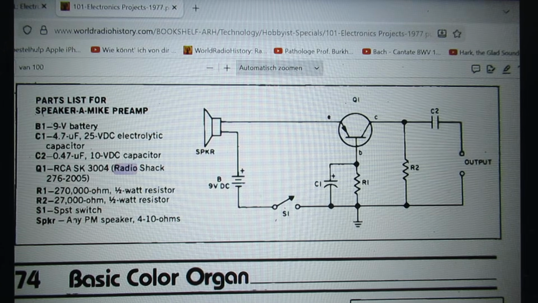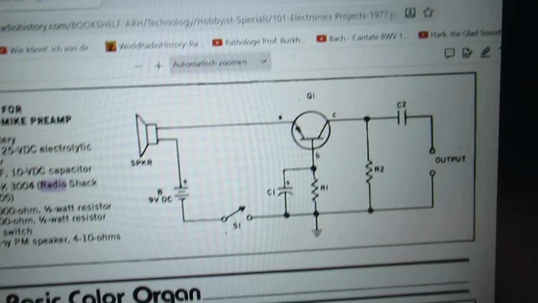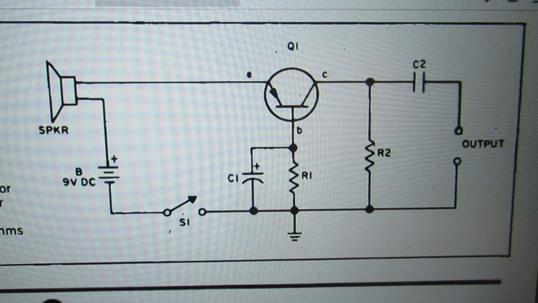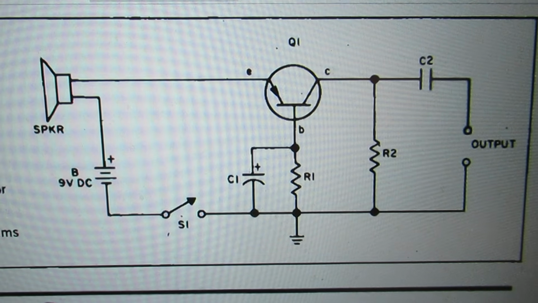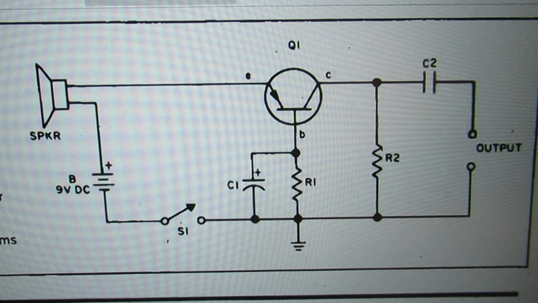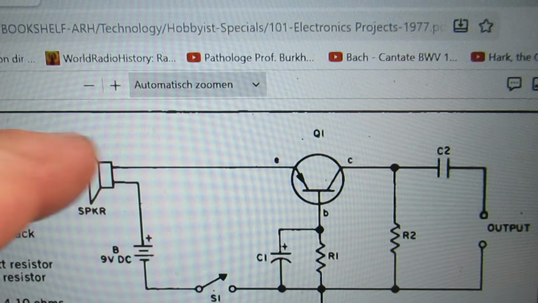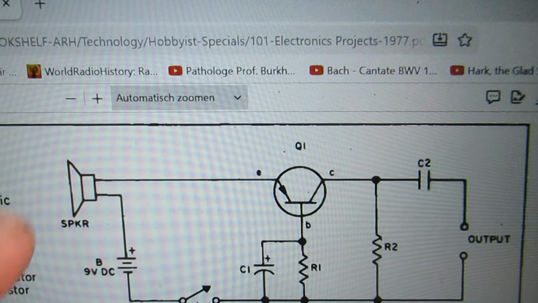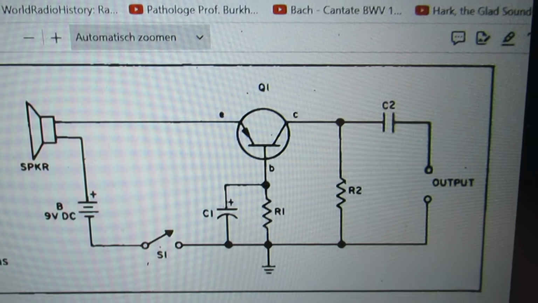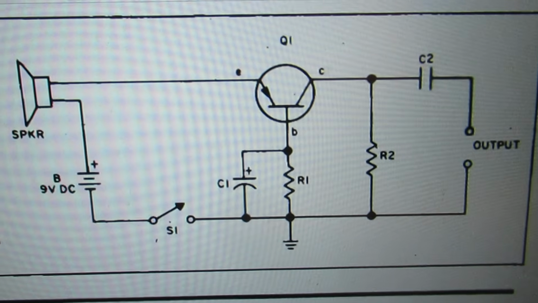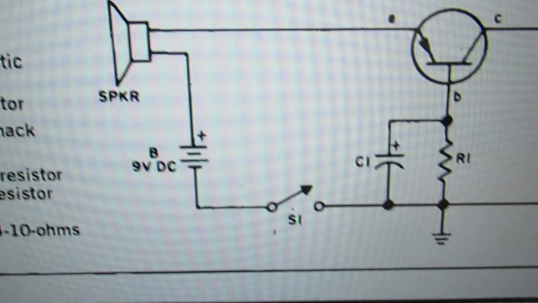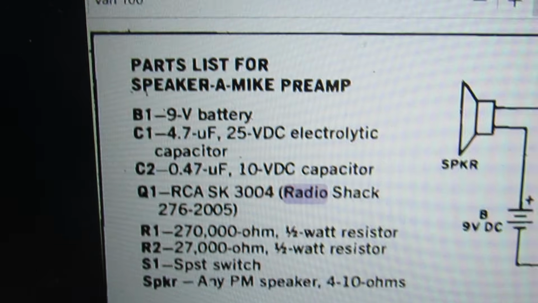Speaker and mic preamp. Well, this is interesting. Here you use a loudspeaker as a microphone. And you can see that it is a grounded base circuit, so that the speaker is connected in the emitter lead together with that voltage supply, 9 volts DC, and these are the component values.